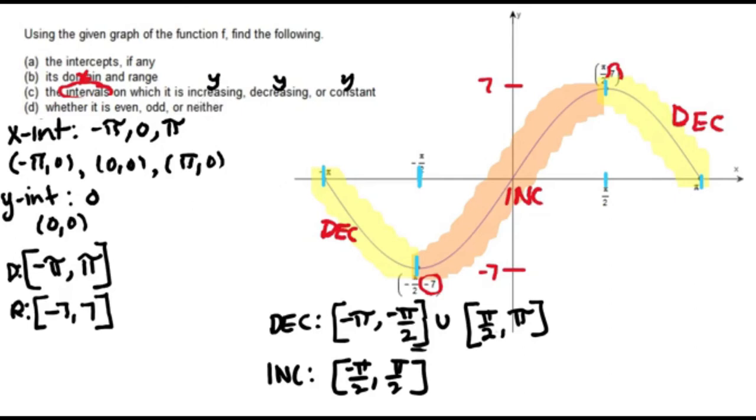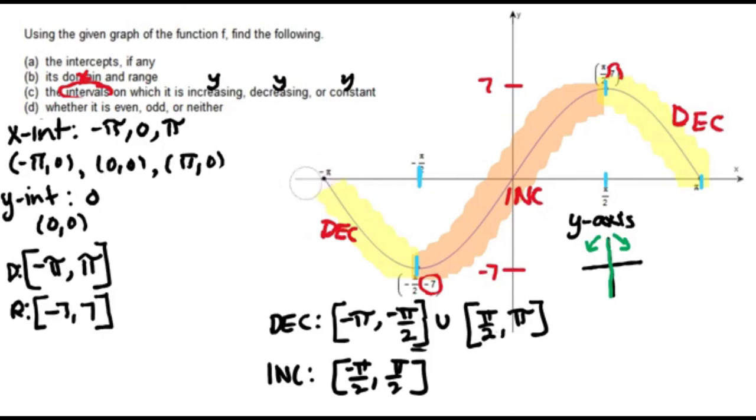So let's figure out what y-axis symmetry and origin symmetry look like. Let me kind of go in the middle here. For y-axis symmetry, what you would look at is this vertical axis, that's the y-axis. And if you have y-axis symmetry, you're going to have a mirror image on either side of the y-axis.